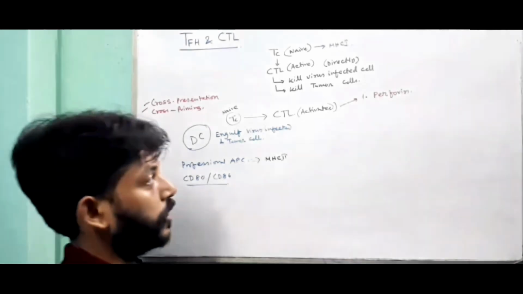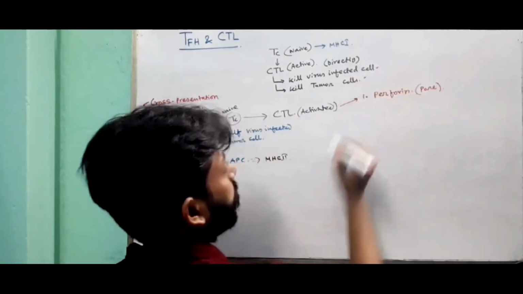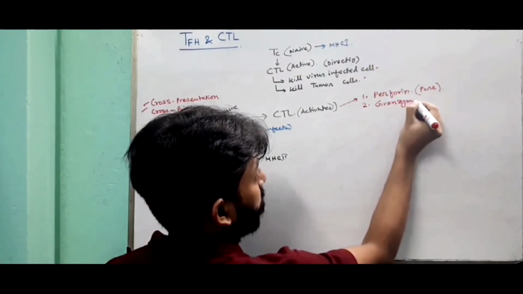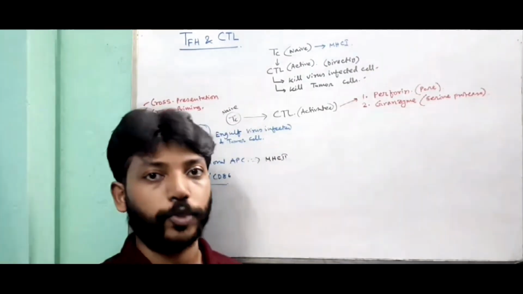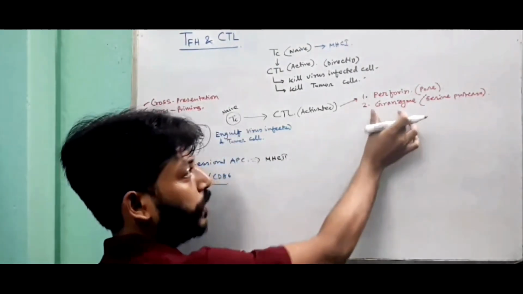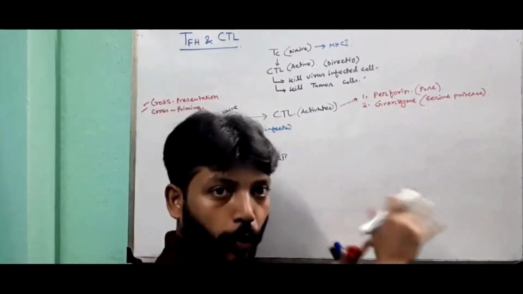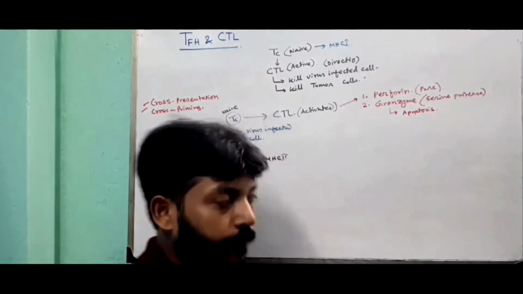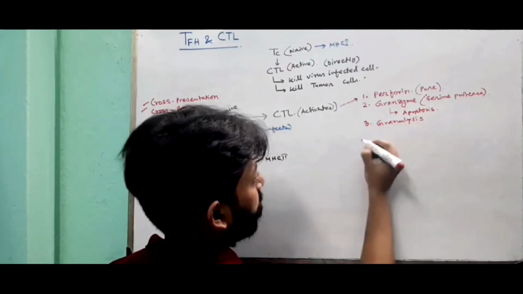Another thing is granzyme, a serine protease that helps in apoptosis. I am not going into the details of apoptosis, but granzyme cleaves a protein called BID, and the cell dies. There is another chemical called granulysin, which digests the cell.